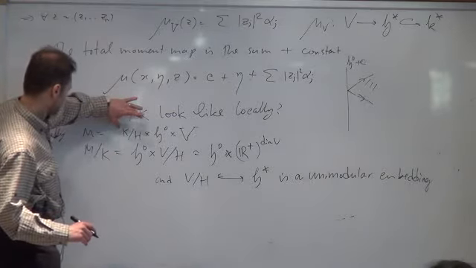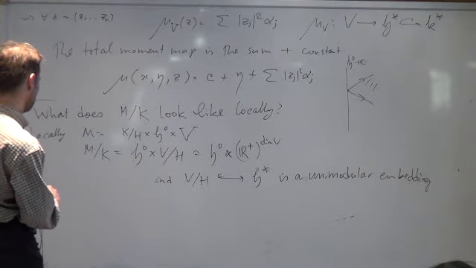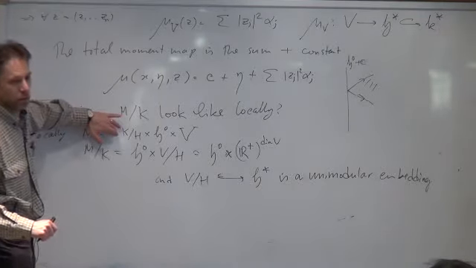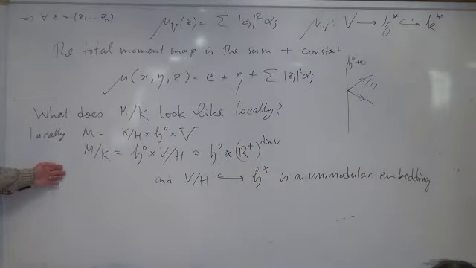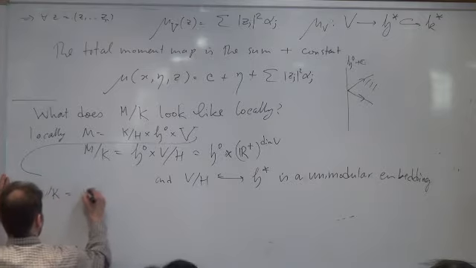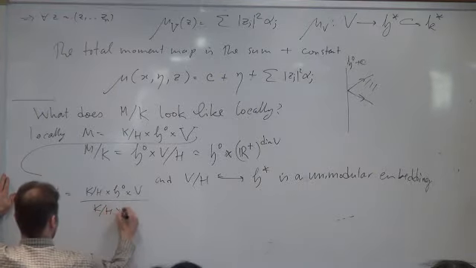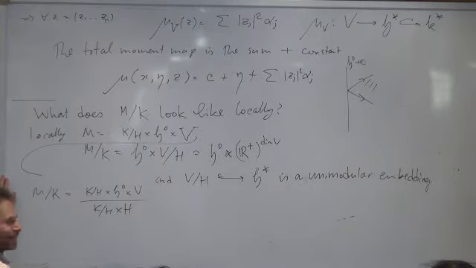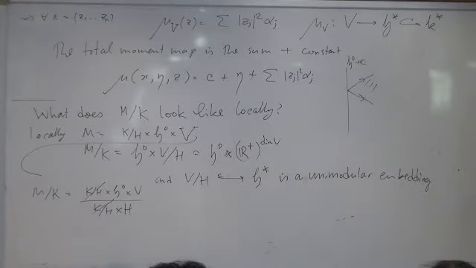So when I divide by K, the complement of H kills this piece, and there is H left over acting on V. Cross H, divide by H. The line that's missing here is M mod K is K cross H naught cross V divided by K cross H cross H. These guys cancel.